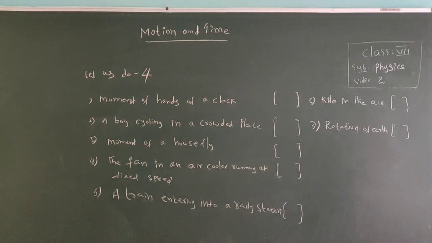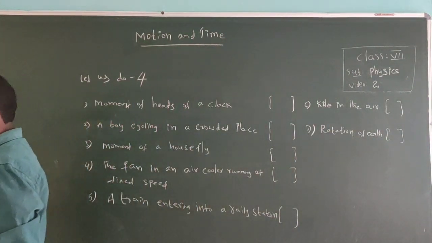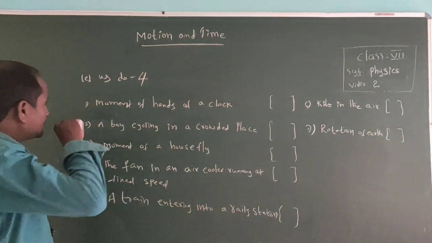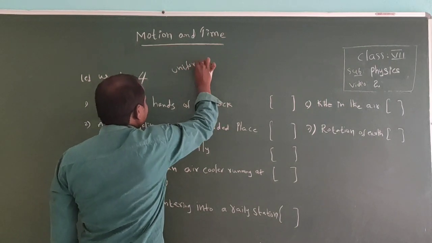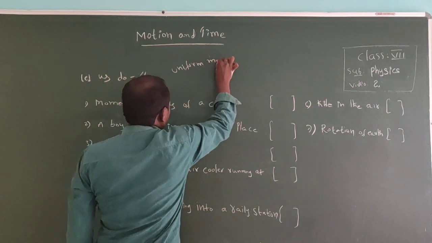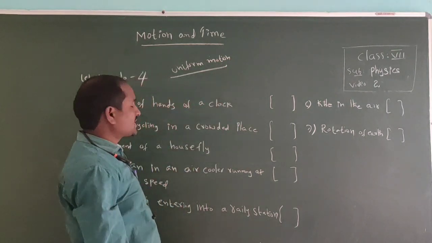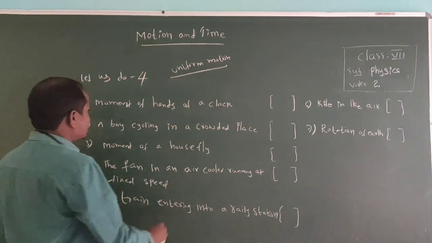Okay, listen now. Let us do four. Listen once again. Uniform motion and non-uniform motion. Uniform motion means, if a body covers equal distance in equal intervals of time, it is called a uniform motion.